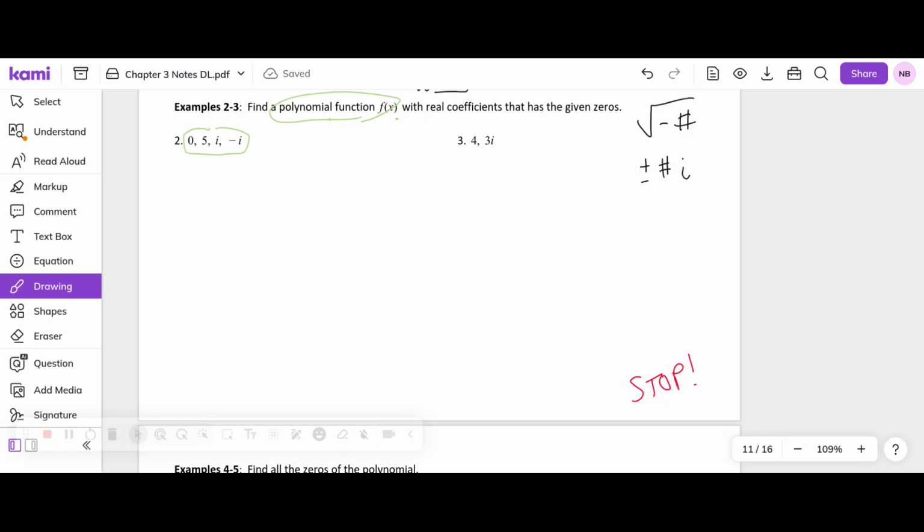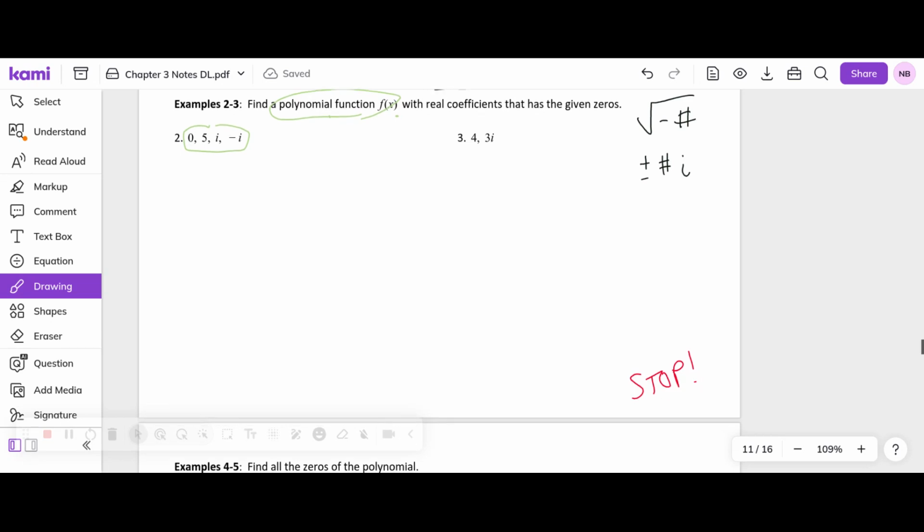So they gave us 4 zeros, which means our final function will have a power of what? What will the highest power be? It's going to be x to the 4th, something here, and then there's going to be other stuff here. But we know the highest power is going to be x to the 4th because there are 4 zeros.